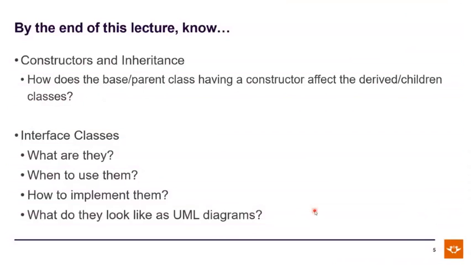Okay, so purpose and outcomes. Construct an inheritance. When Mr. van der Westhuizen was doing his tutorial last night, he came across a topic that I haven't covered with you guys, so I need to cover that in class as well. So we're going to look at if we create a constructor in a base class, how it affects the derived classes. Then we're going to look at interface, and I shouldn't say interface classes, it's an interface.